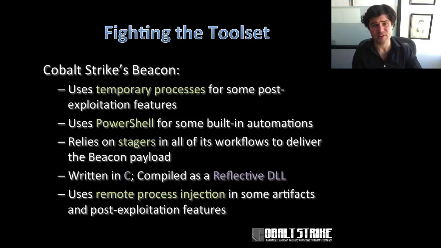I absolutely have to do this. And this mechanism of temporary processes allows that to happen consistently. Because if I'm in a 32-bit beacon, I can spawn a 64-bit process, inject Mimikatz into that, and have it behave the same as if I were in a 64-bit beacon. And so there's that usability benefit.